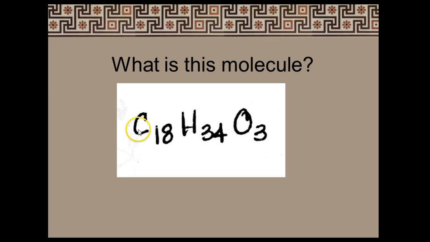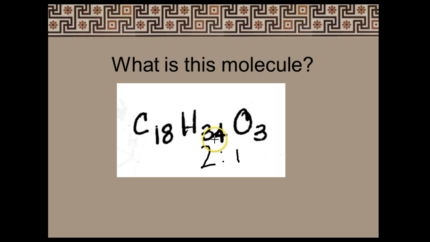Here we have another one. And this is just a chemical formula, so it should be really easy to distinguish. We ask ourselves, is there phosphorus? There's not any phosphorus. So then we look and we see, is there nitrogen? And there's not any nitrogen. So then we look for the 2-to-1 ratio between hydrogen and oxygen. We see that they have 34 hydrogen and 3 oxygen.